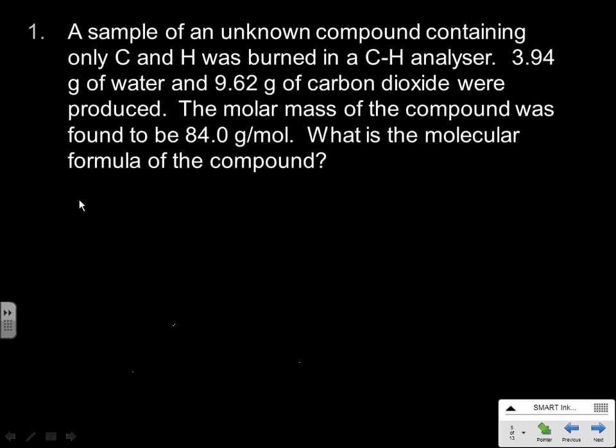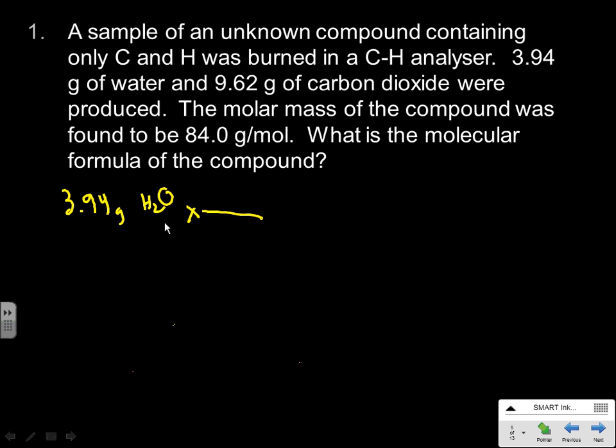So again, just like any of our empirical formula problems, start with the information you're given. Now you'll notice it's water and carbon dioxide, so 3.94 grams of H2O times... I need the molar mass of H2O.